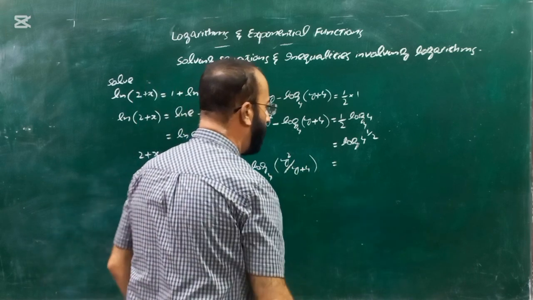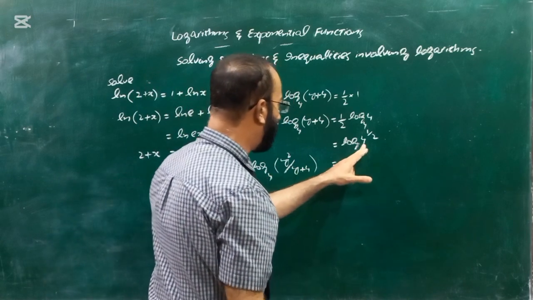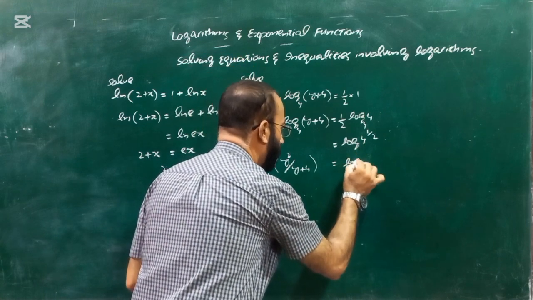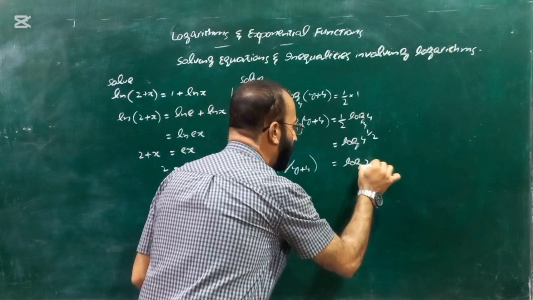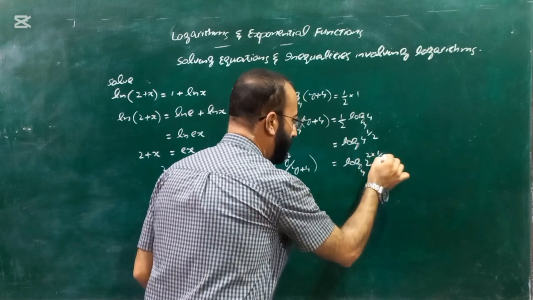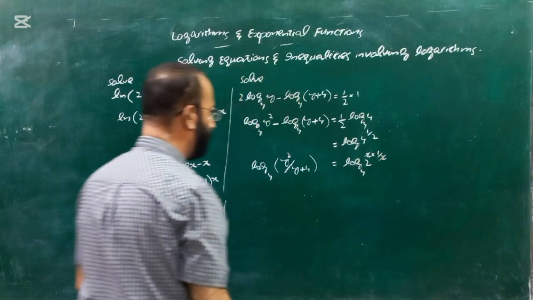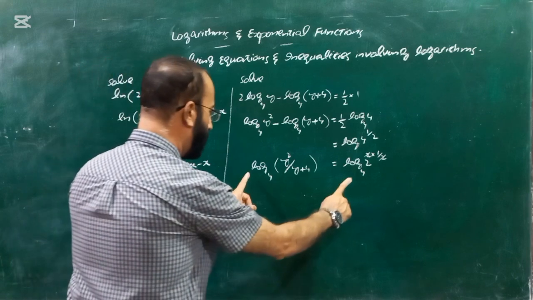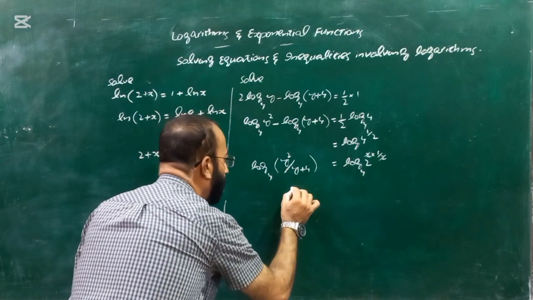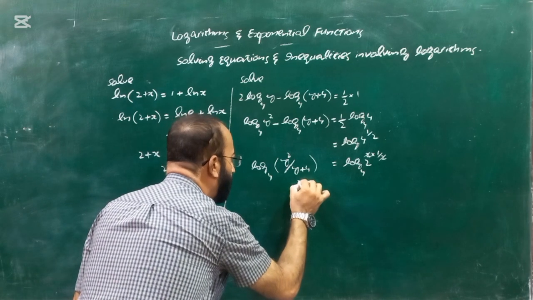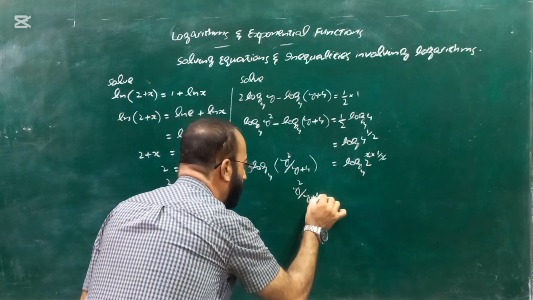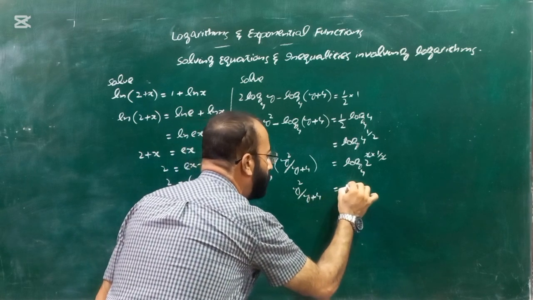On the right hand side you can see this 4 can be written as 2 raised to power 2, and power 1 by 2 is still there, so this will be cancelled with this. So on both sides now log base 4 is given, so the next rule will be applied here, that is y square over y plus 4 will be equal to 2.